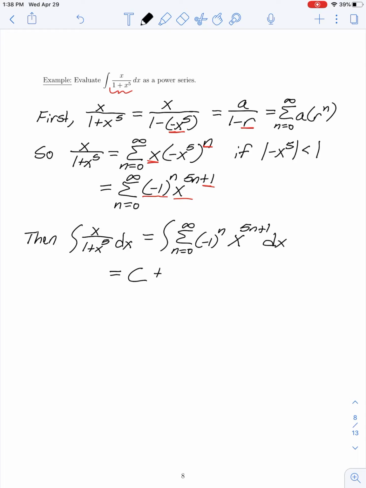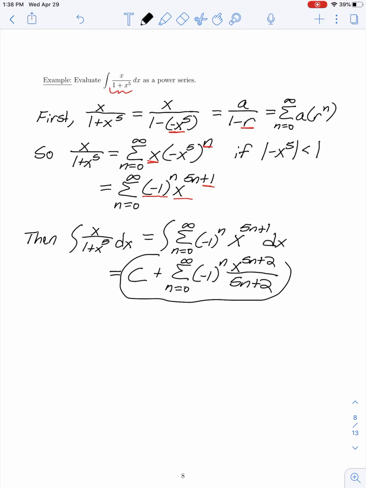And then we have the sum from n equals 0 to infinity of negative 1 to the nth power. And then the antiderivative of x to the 5n plus 1 is x to the 5n plus 2 divided by 5n plus 2.